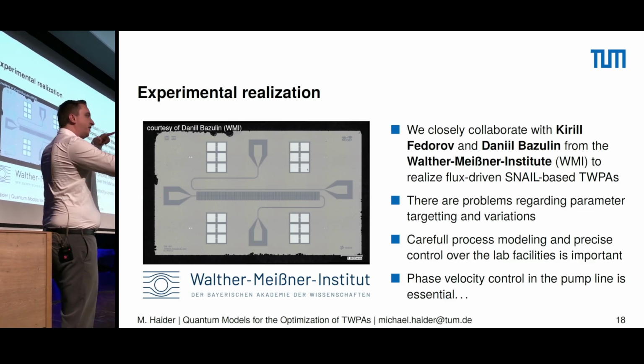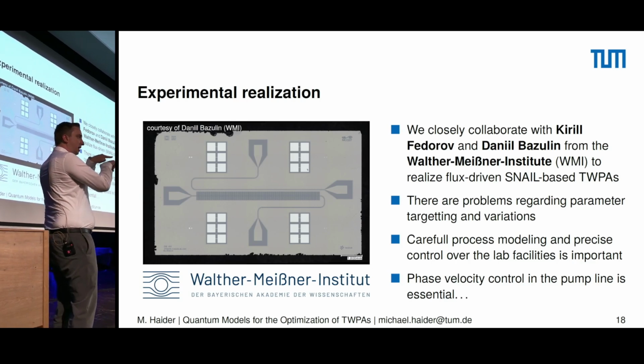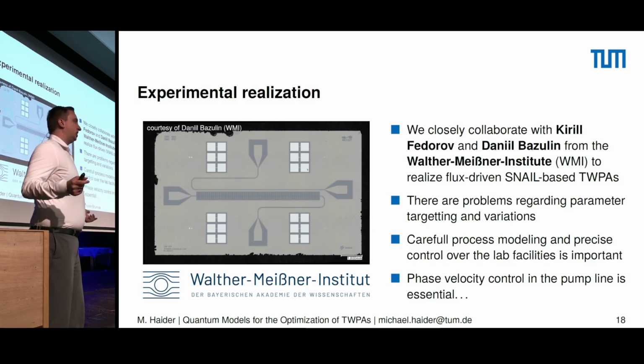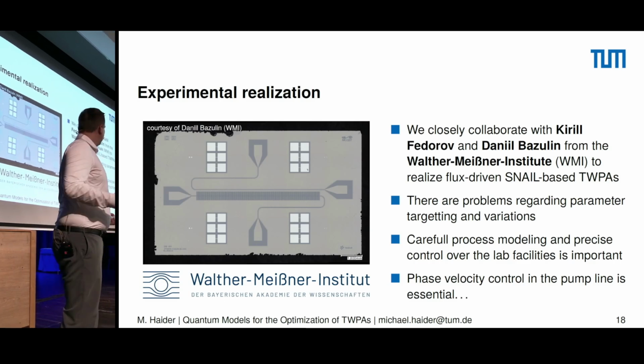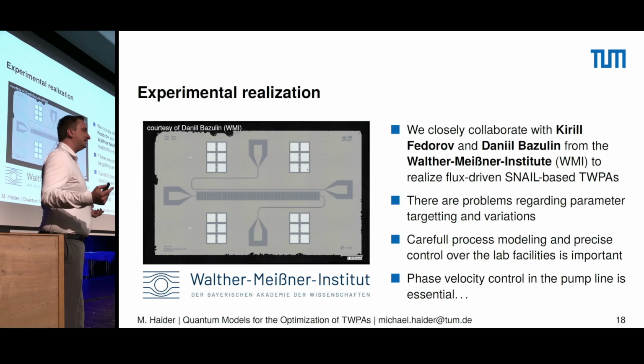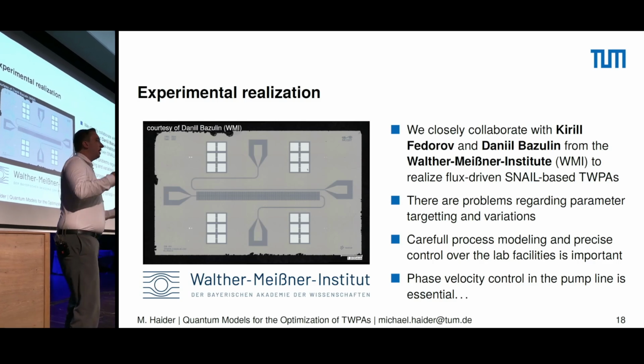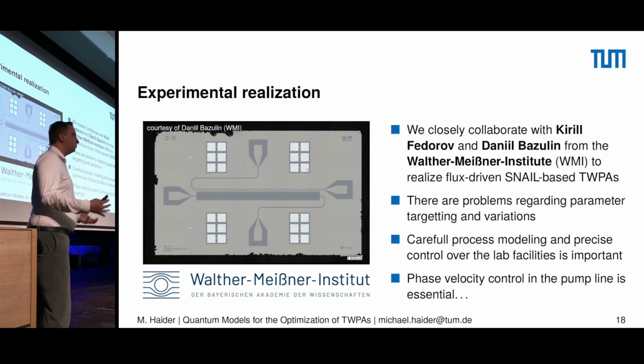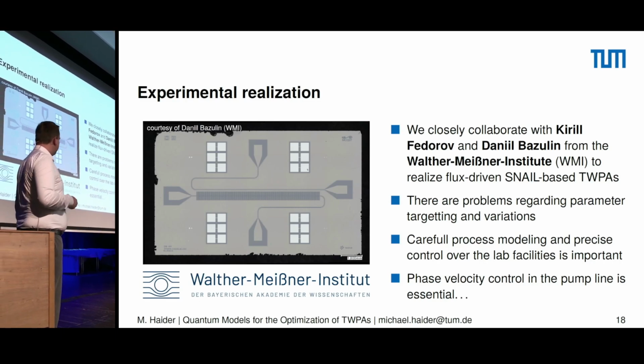Because if we get bad phase matching in these two lines, your amplification is going to be terrible. So this is also something we need to control better. In theory, this is a parameter we easily set. In experiment, you need to find ways to actually implement that. So yeah, that's ongoing work.